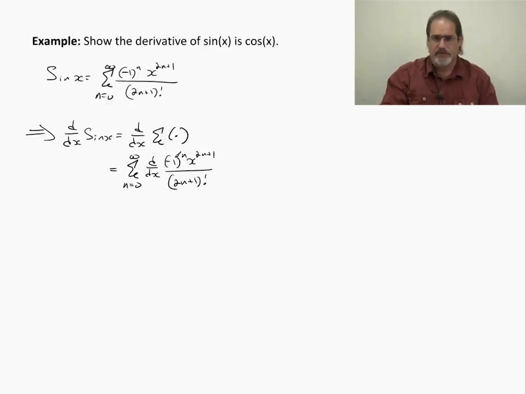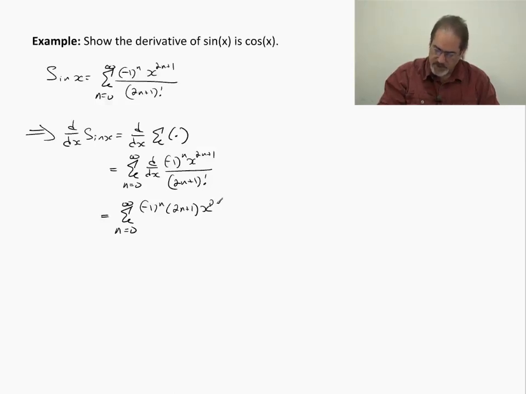Remember, we take derivatives piece by piece. So this is going to be equal to the sum n equals 0 to infinity negative 1 to the n. So I have 2n plus 1 times x to the 2n over 2n plus 1 factorial.